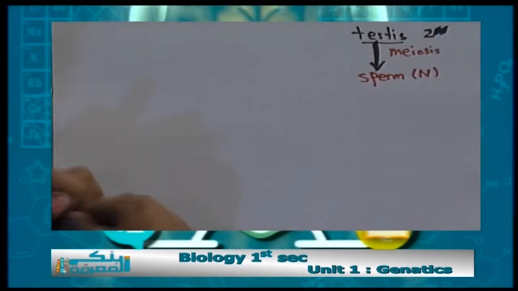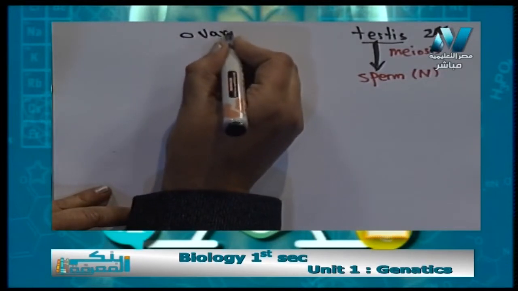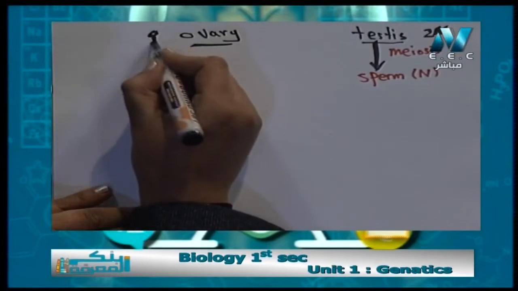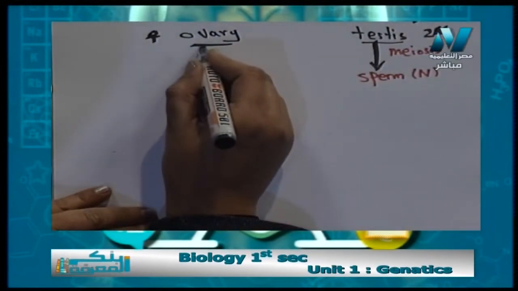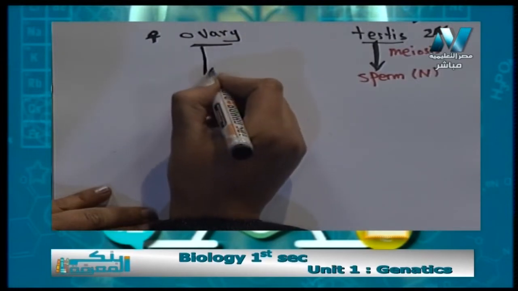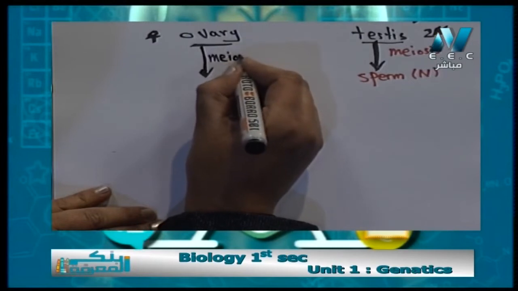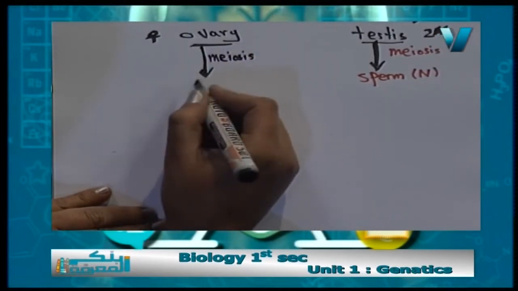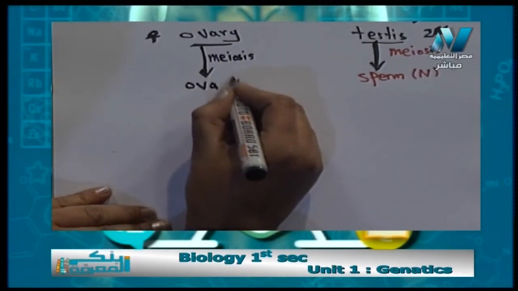On the other side, ovary, reproductive organ in the female. By meiosis, the number of chromosomes changes into half in ova or egg cell, n.